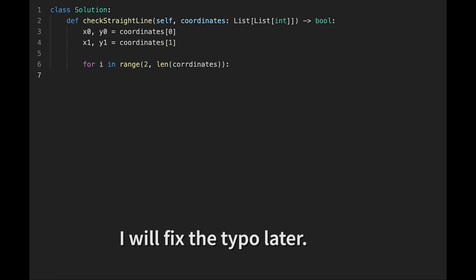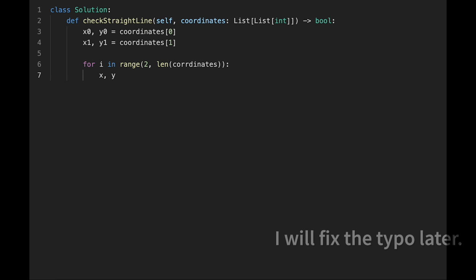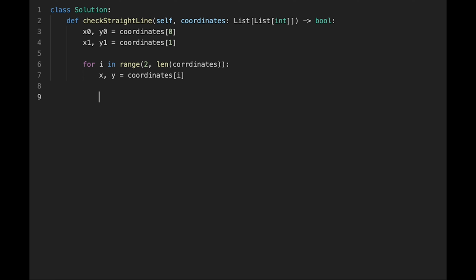First of all, get the current x, y position: x, y equal coordinates[i]. And then as I explained earlier, we will implement the formula.